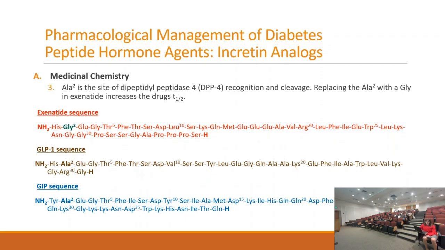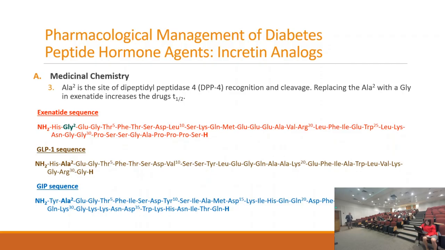There are alanines in GLP-1 and GIP. This amino acid is really critical for the interaction of the incretin hormones with the DPP-4 enzyme, and it's super important for the breakdown of those hormones.